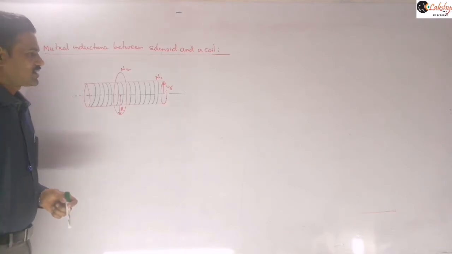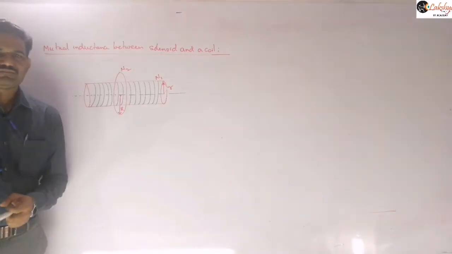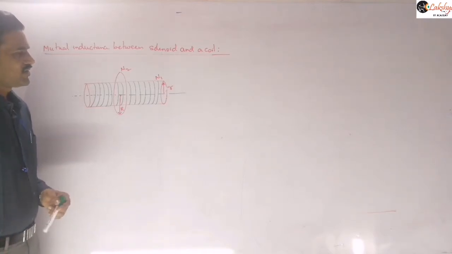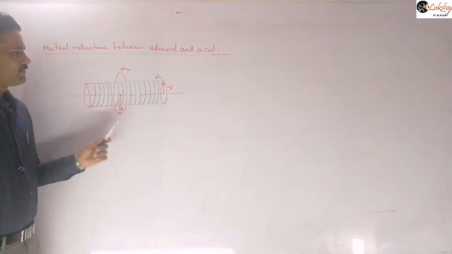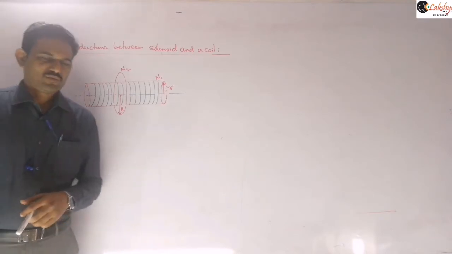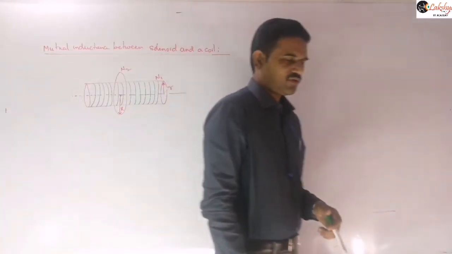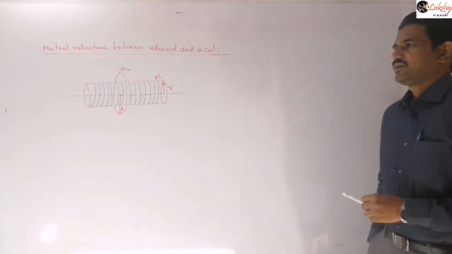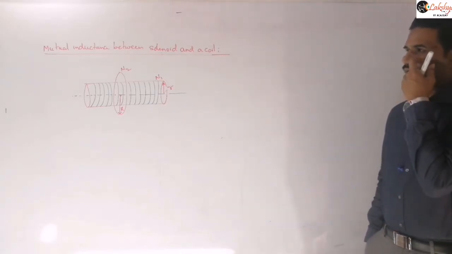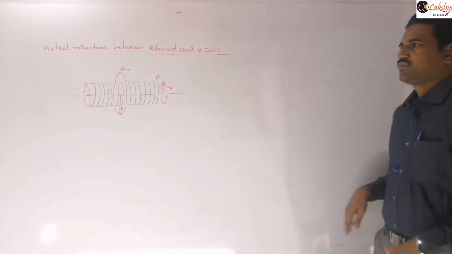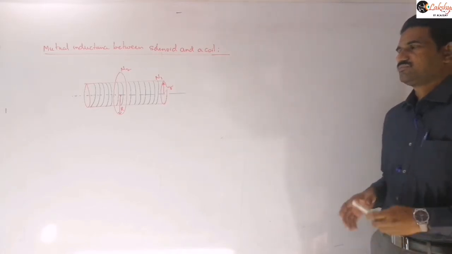Consider a circular coil of radius r having n2 number of turns, placed coaxial with the solenoid as shown.